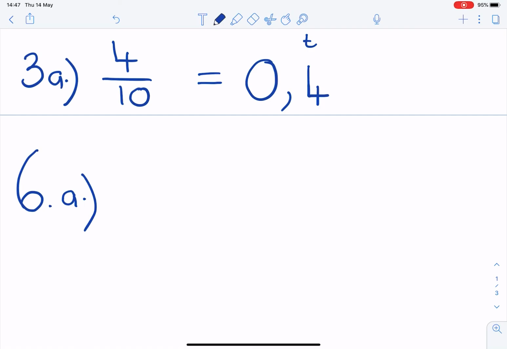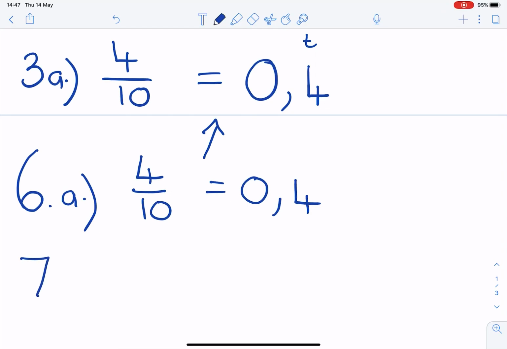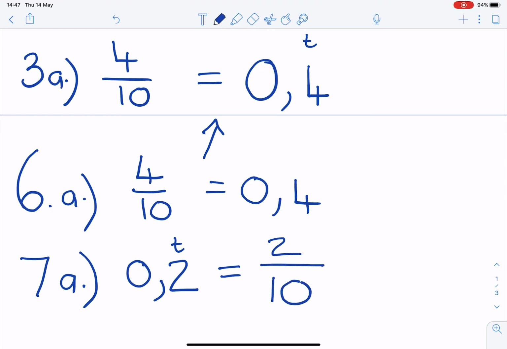So if we have 4 out of 10, it is equal to 0,4, as we did in that question. 7 is asking you to do the opposite. They give you the decimal fraction and they want you to write it as a common fraction. Well, this is the tenths column, so it is 2 tenths.